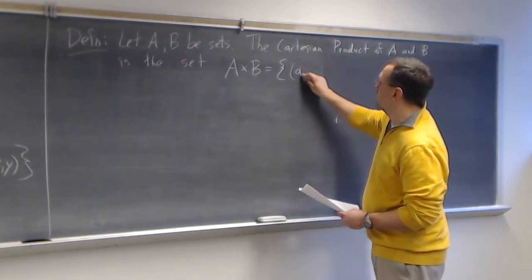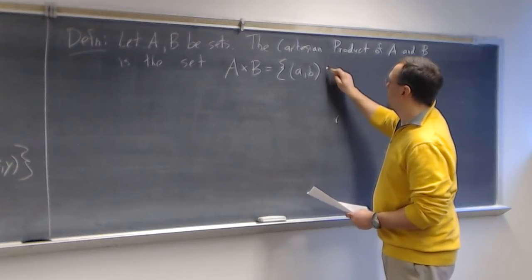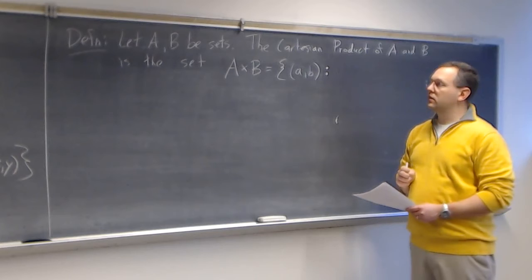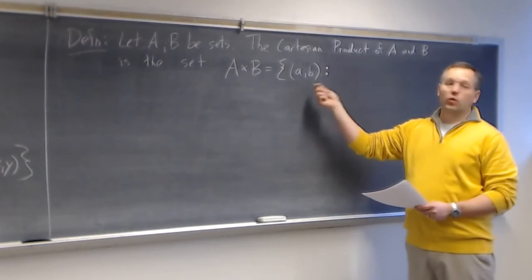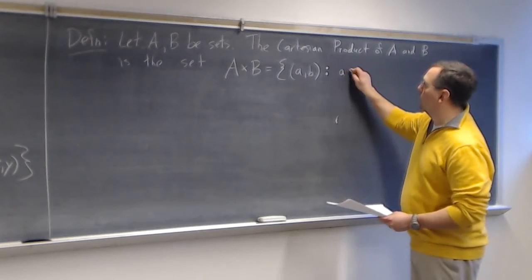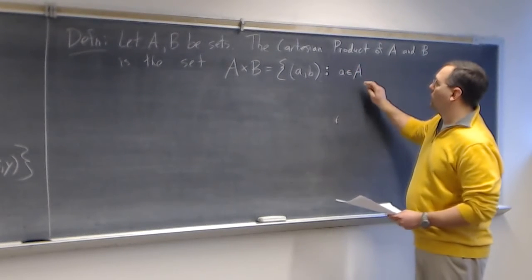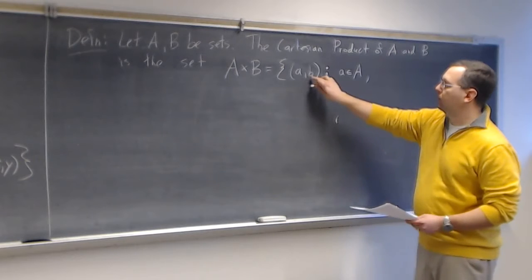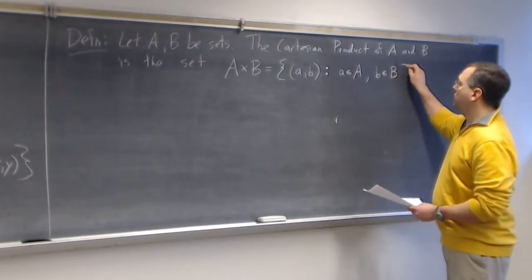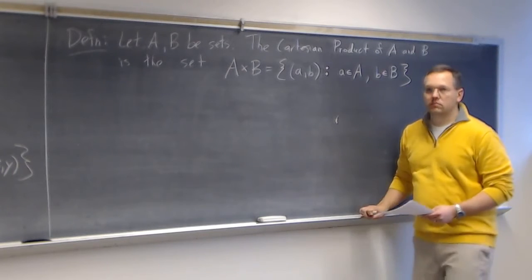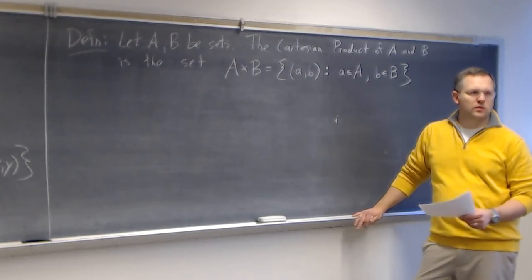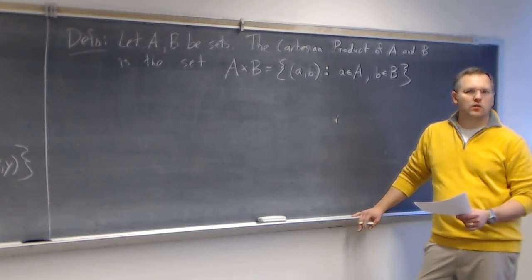They're ordered pairs. So everything in the set is an ordered pair, and the first coordinate a has to be an element of set A, and b, the second coordinate, has to be an element of set B. All right. Any questions about the definition so far?